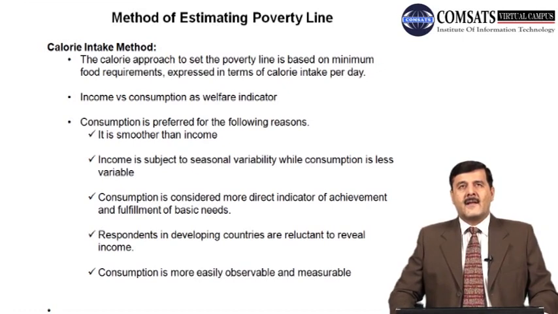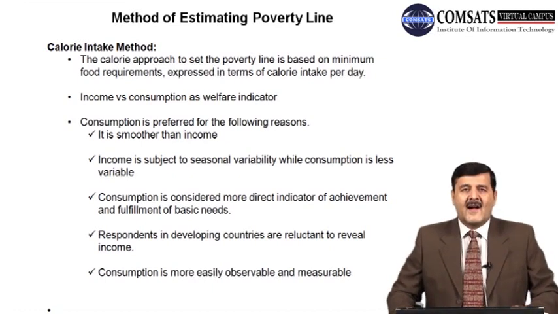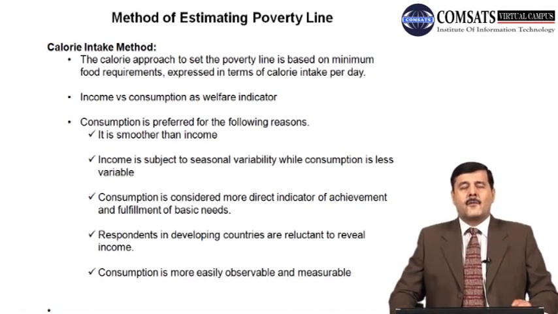And as we said, the last part we'll try to discuss is the methods of estimating poverty, how we can estimate poverty in different countries, which methods are used to measure poverty. Now one of the methods of measuring poverty is the calories intake method.